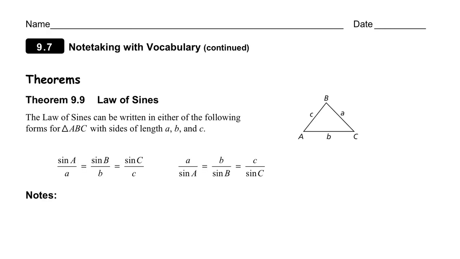Next, we have our law of sines, and you can write this with your sine function in the numerator or the denominator. As you can see here, it doesn't matter. Let me explain what this is.